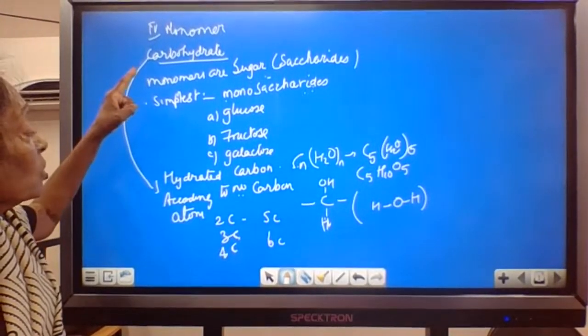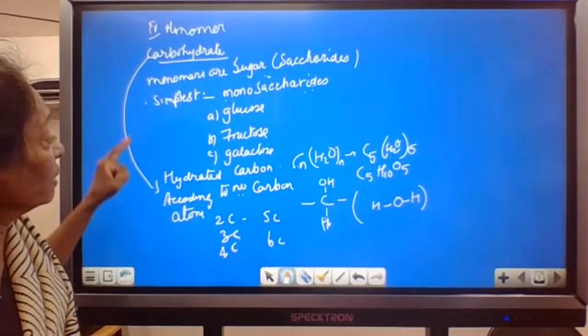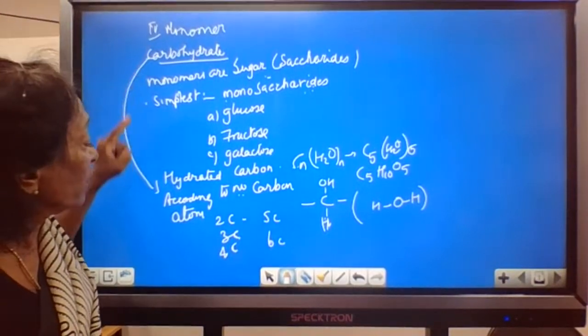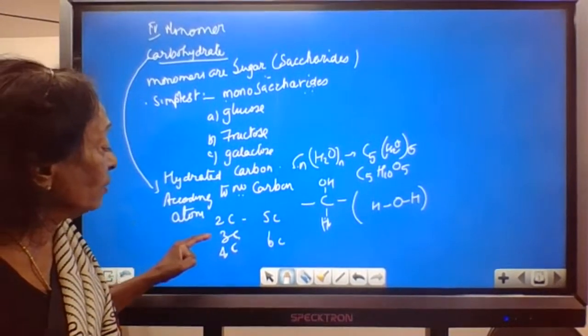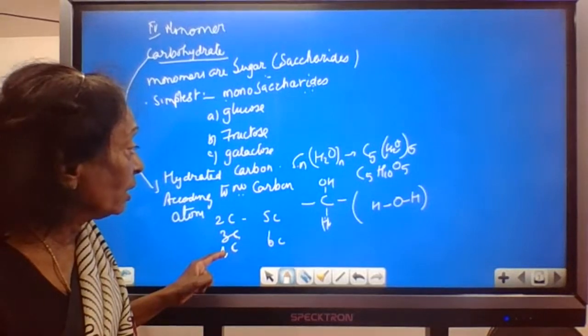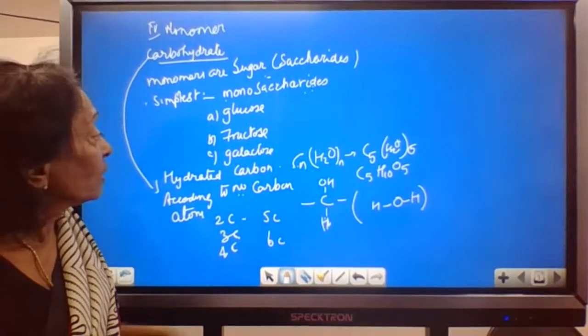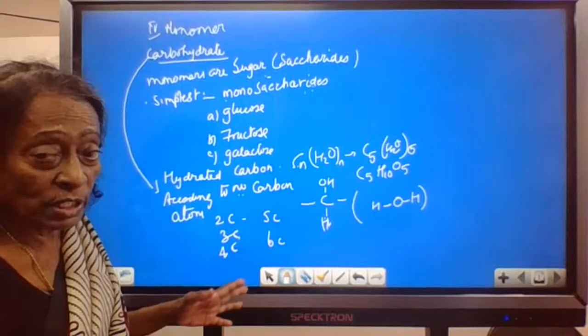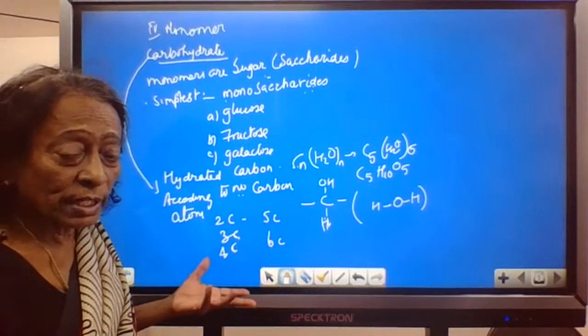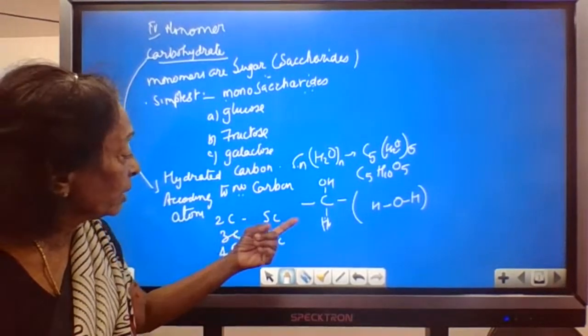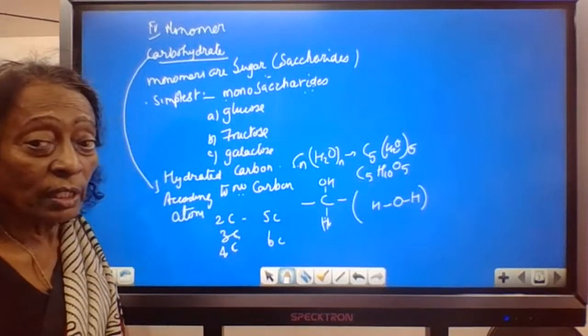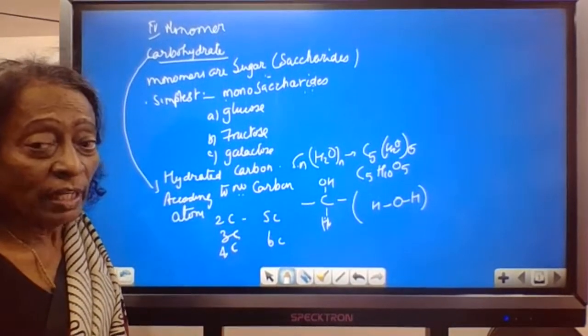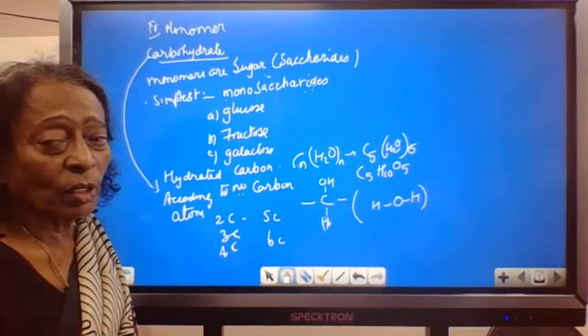Then another thing: the compounds can be named according to the number of carbons. Sugars are named according to the number of carbon atoms in them: trioses, tetroses, pentoses, hexoses. Glucose is a hexose sugar, ribose is a pentose sugar, heptulose is a 7 carbon compound.